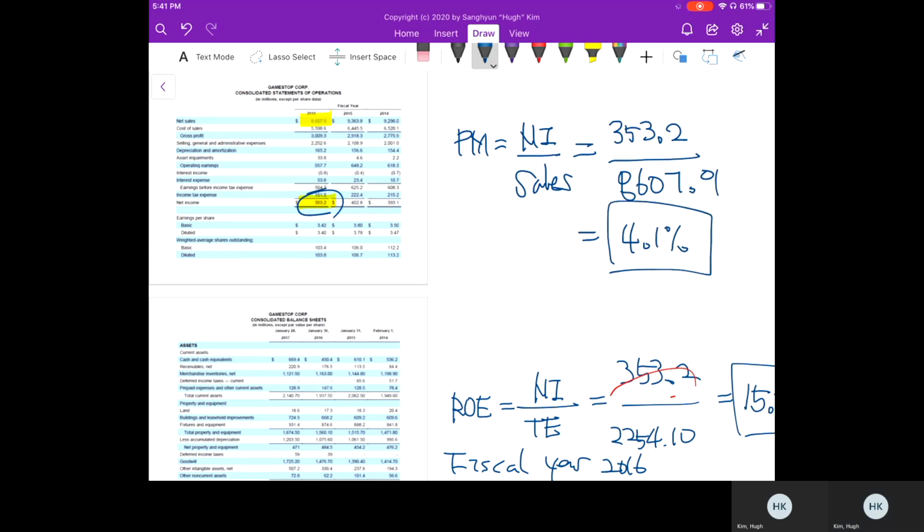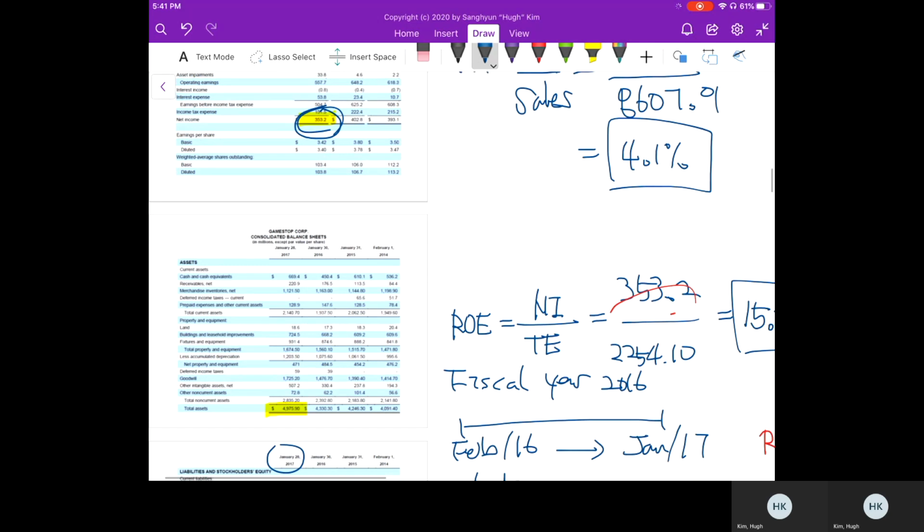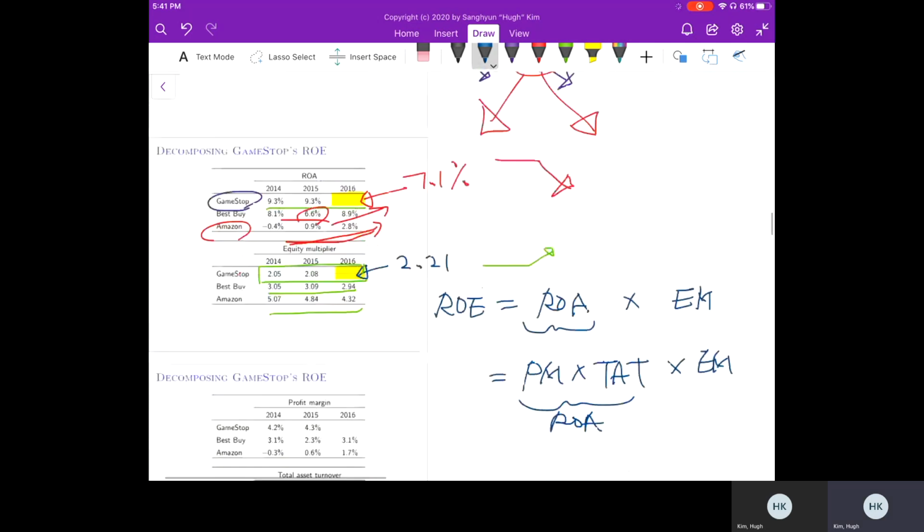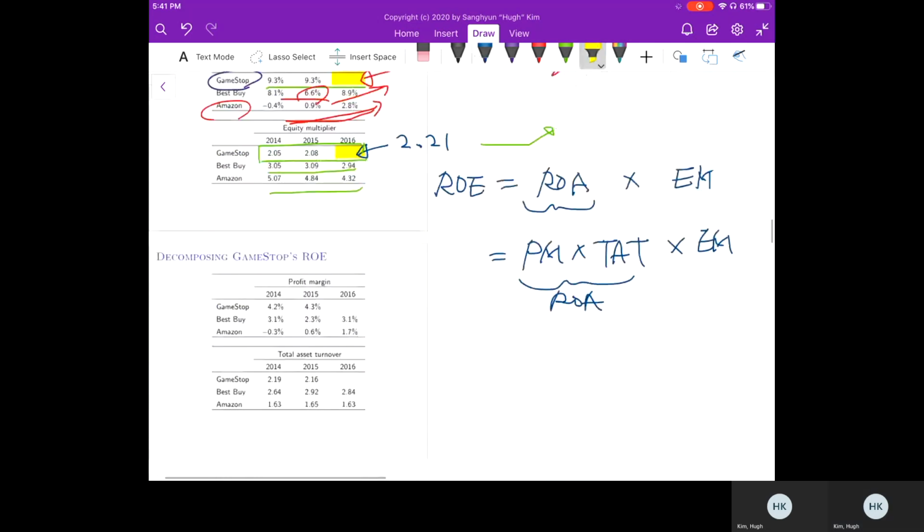Okay. Net income divided by sales or revenue. So profit margin, this number is 4.1%. If you compare this number to previous years' numbers, 4.2, 4.3, 4.1, yeah, this has decreased a little bit, but stayed above 4%.